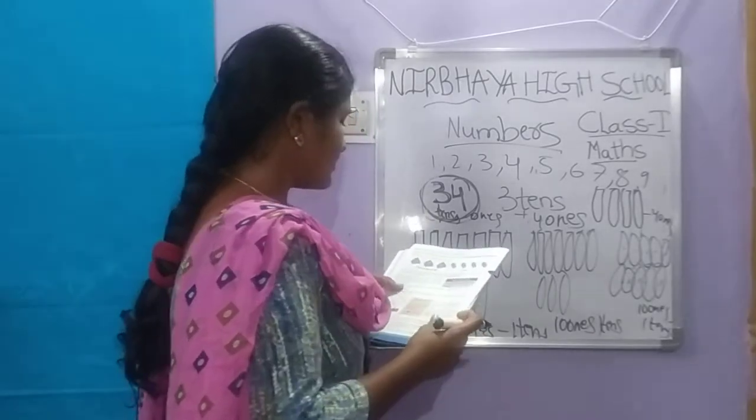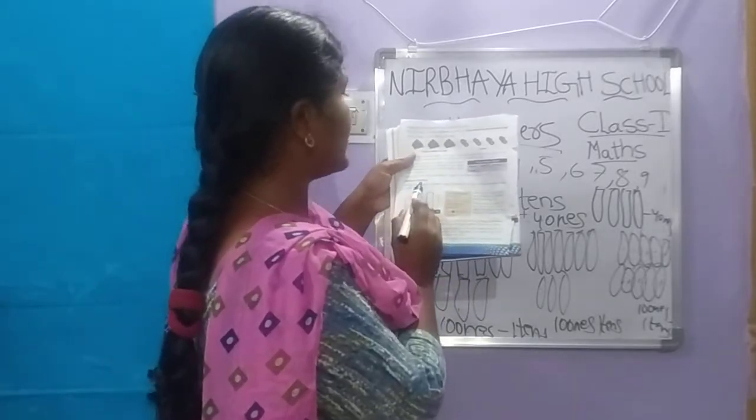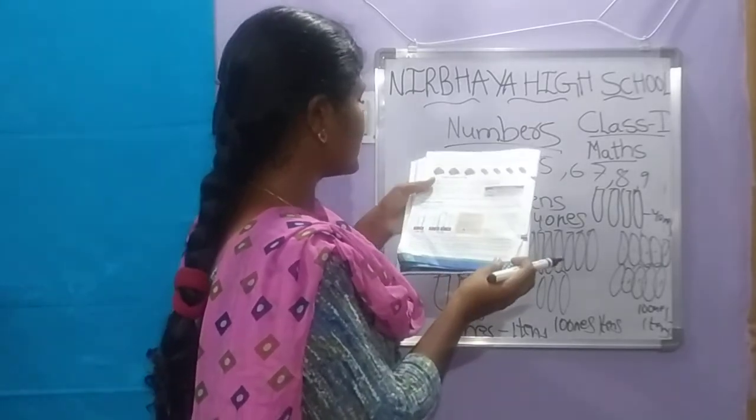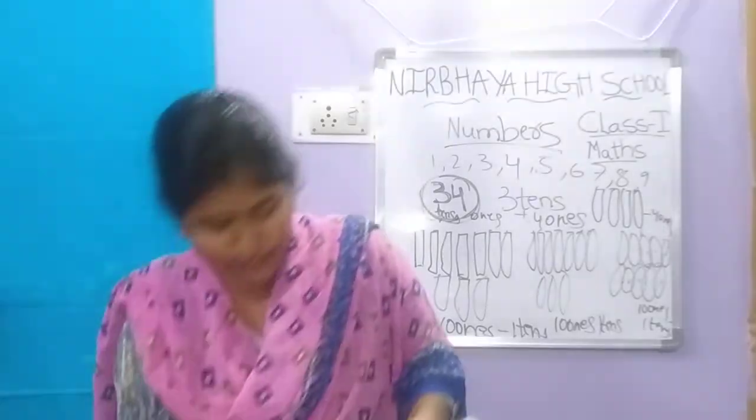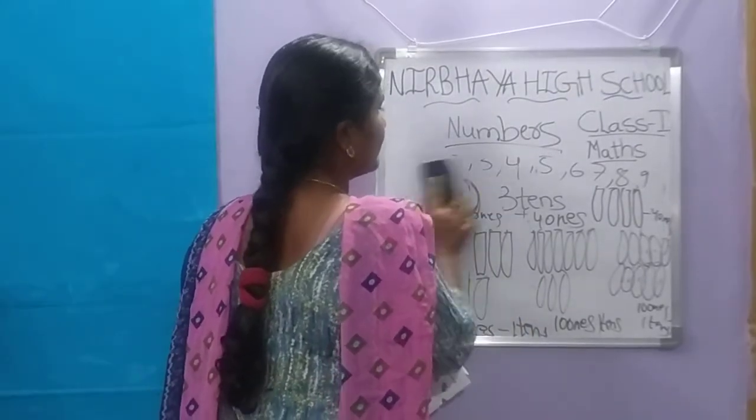Okay, next one you see. Here they give abacus counting. Let's see what is abacus counting. How should we count the 2 digit numbers?